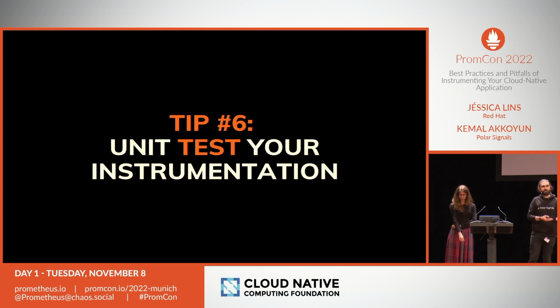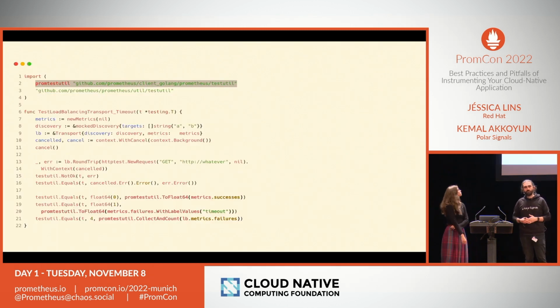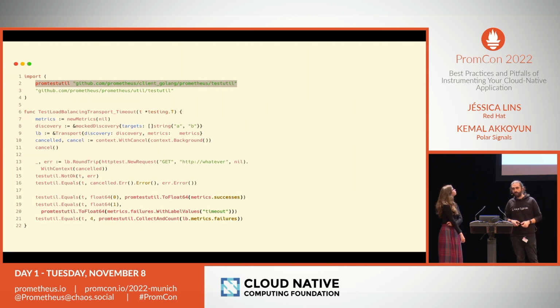You can write unit tests for instrumentation, or you can use your instrumentation code metrics to even check the behavior of your program. For that, in client Golang and the other libraries, we expose some helper functions for tests. That's the emphasis of the Prometheus testutil from client Golang. As you can see, you can check against metrics.